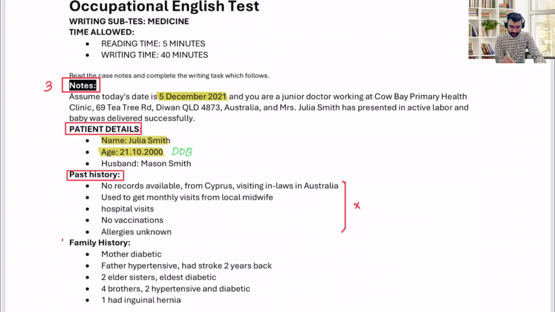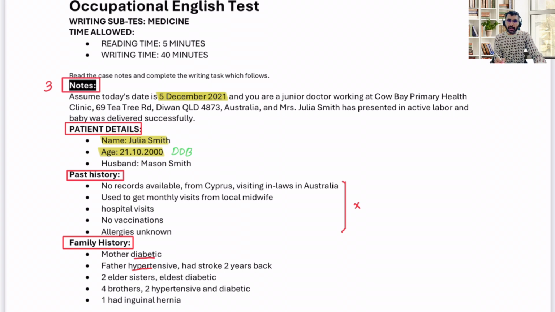Then family history. In family history, mother diabetic, father hypertensive, had two strokes, two elder sisters, eldest one is diabetic, four brothers, two hypertensive and diabetic, one had inguinal hernia. Here, history of diabetes and hypertension are important.